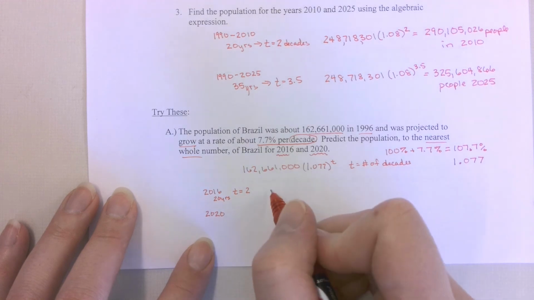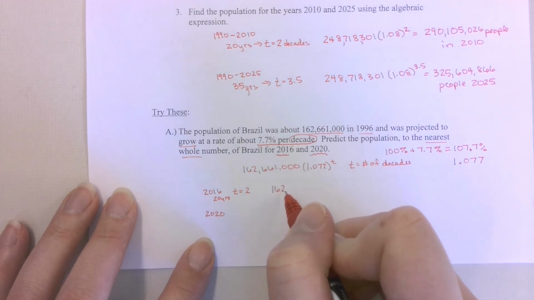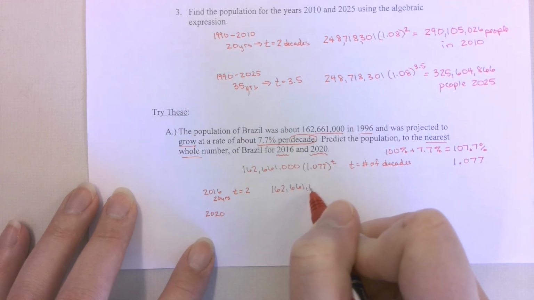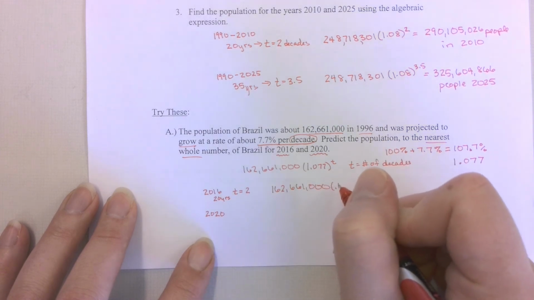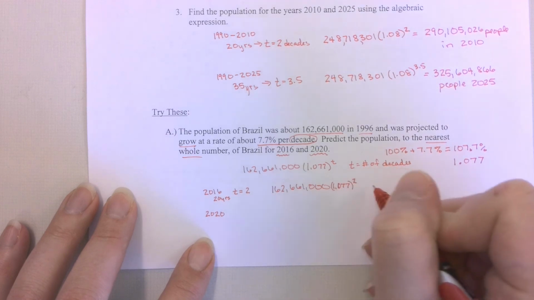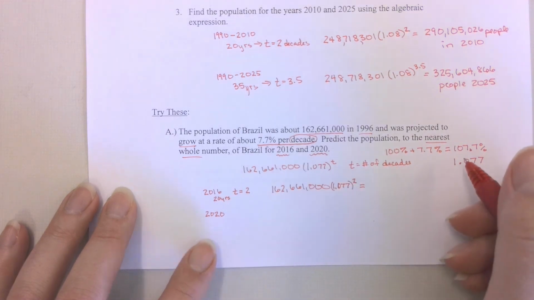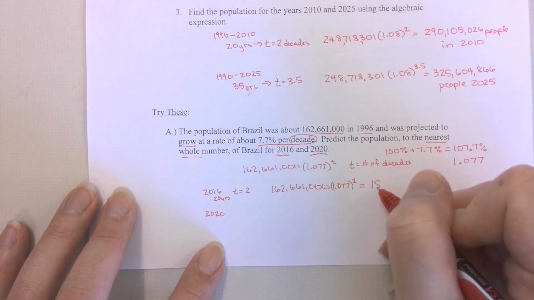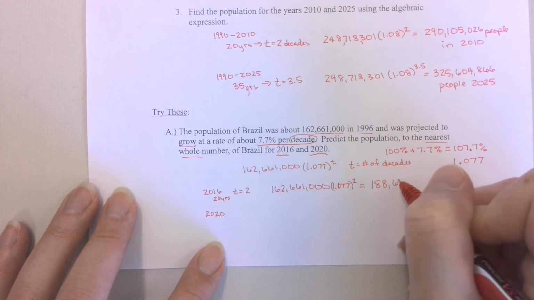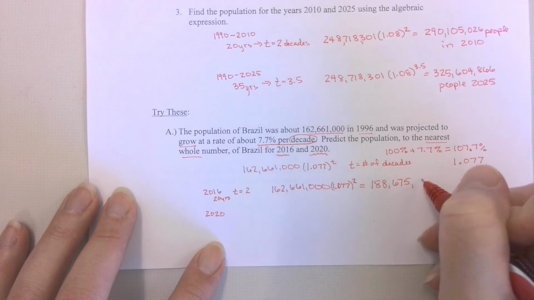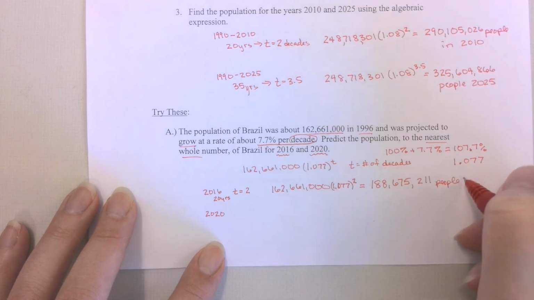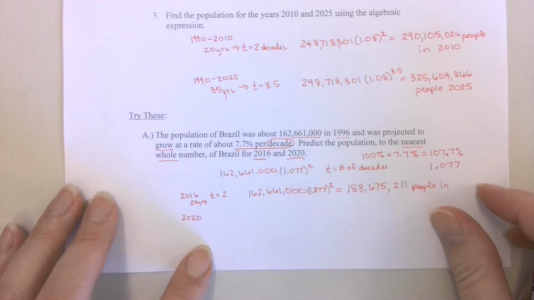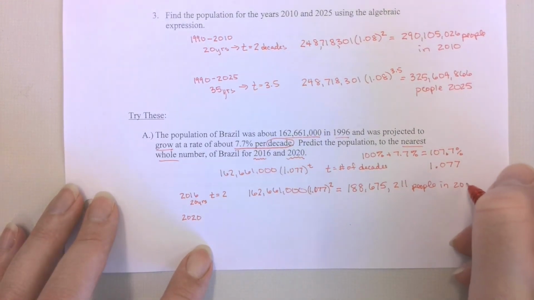And so we will put in our equation 162,661,000 times our 1.077 to the power of 2. And with that, we get a total of 188,675,211 people. And that is in the year 2016.